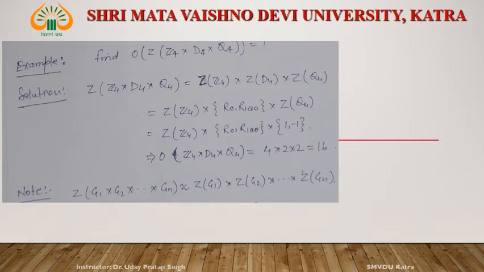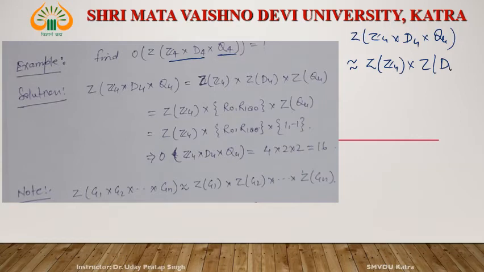Now, what is the order of the center of Z4 cross D4 cross Q4? By the above theorem, we proved that this is isomorphic to Z of Z4, cross Z of D4, cross Z of Q4.